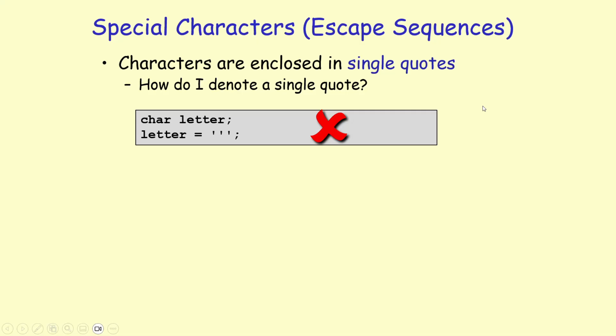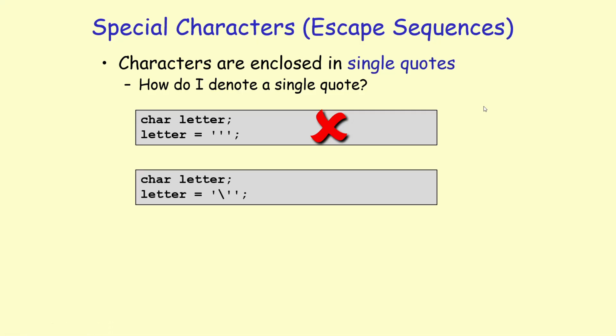The solution that C programmers actually found was to escape it. So this is called an escape sequence. What you do is you put a backslash character in front of the single quote character. Now it makes sense, because when the compiler starts parsing this line, it sees that a single quote opens the character, then sees the backslash, meaning that the character that comes after the backslash has to be interpreted as having a special meaning.